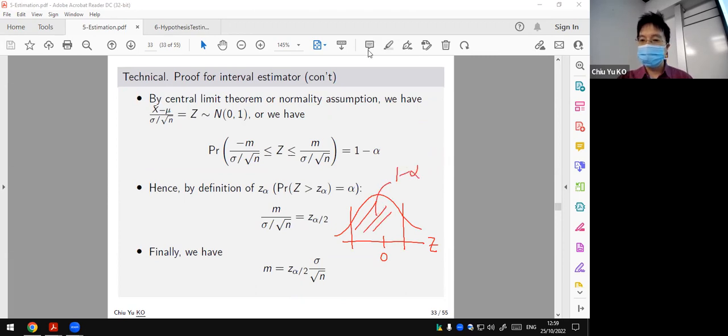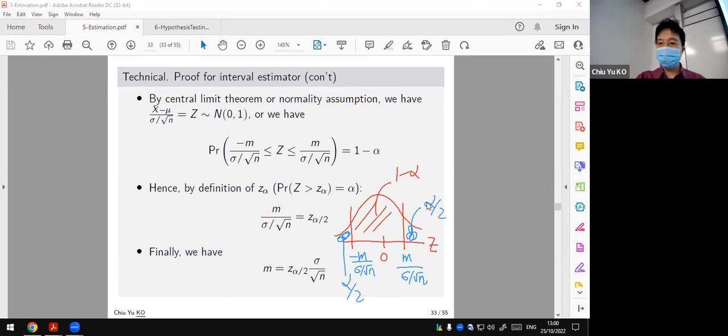Symmetric means this tail is alpha over 2 and this tail is alpha over 2, symmetric about 0. The endpoints are m over sigma over root n and negative m over sigma over root n. Inside is 1 minus alpha.